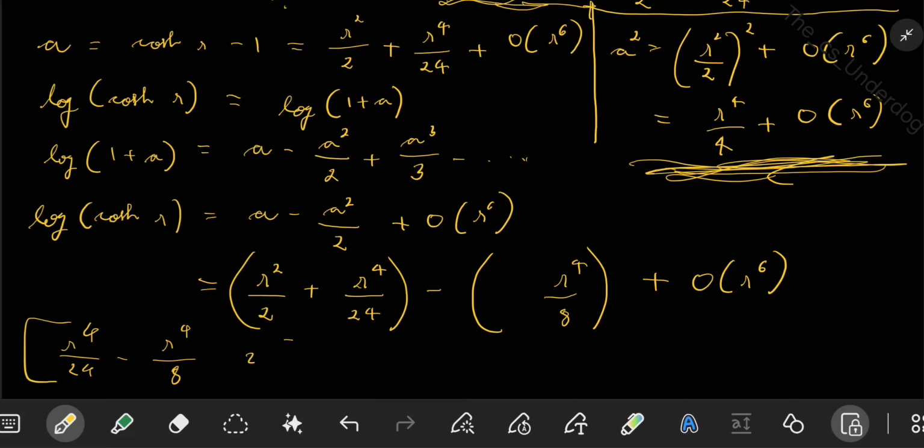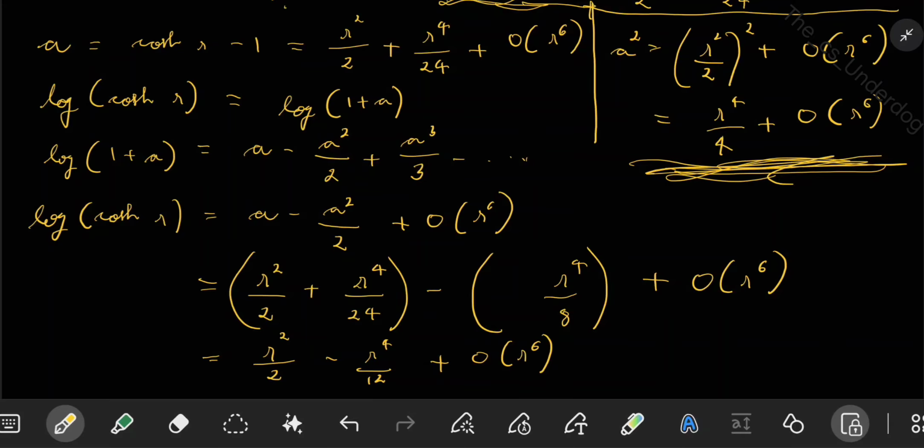This will come down to minus 1 by 12 r power 4. I can substitute this instead of these two terms. If I substitute this directly, it will become r square by 2 minus r power 4 by 12 plus order of r power 6.